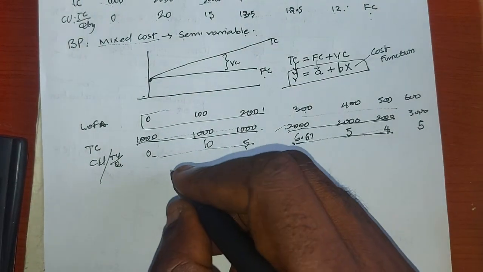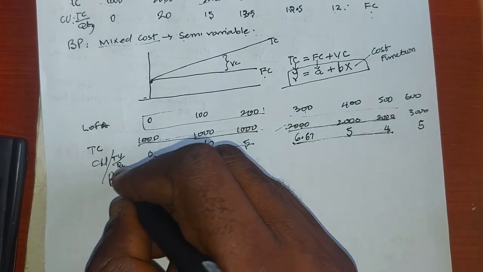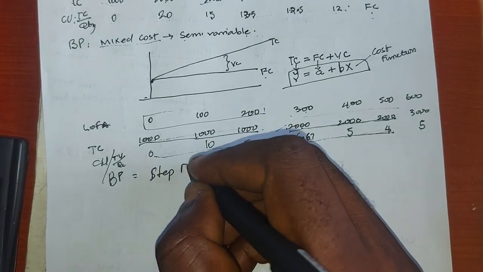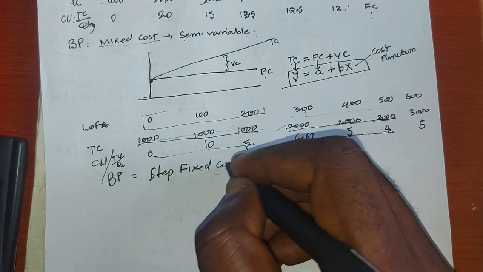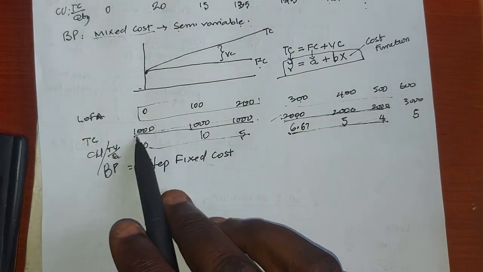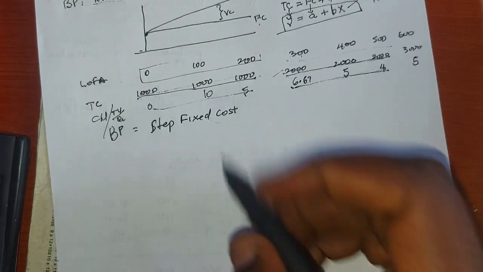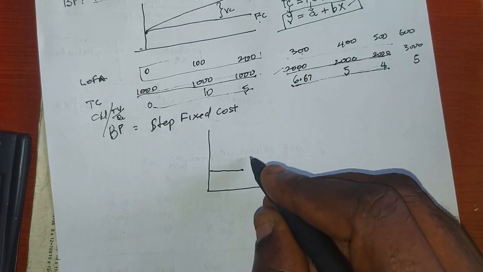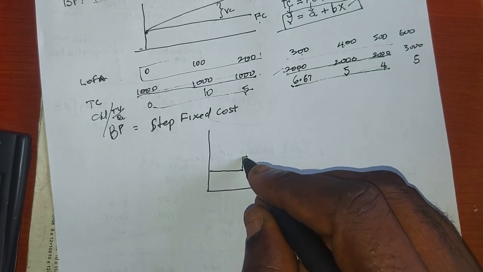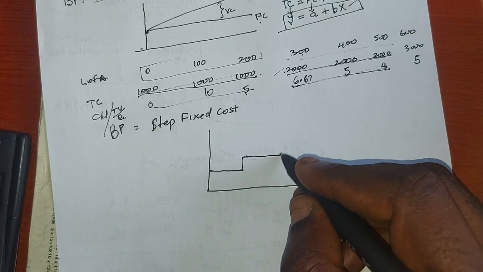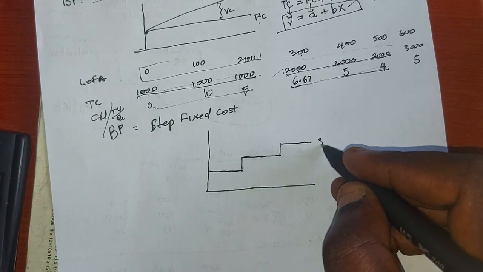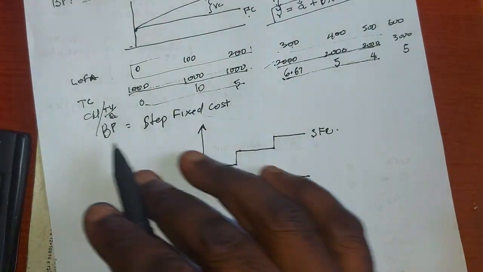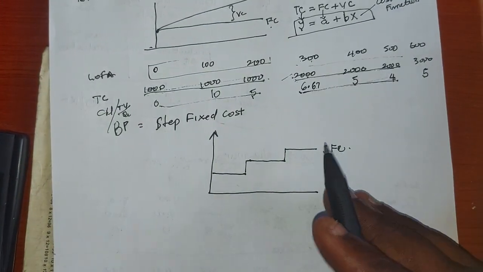This is what we call the behavioral pattern called step fixed cost. It remains constant; when it gets to a point, it increases and remains constant again. So this is what we call step fixed cost.